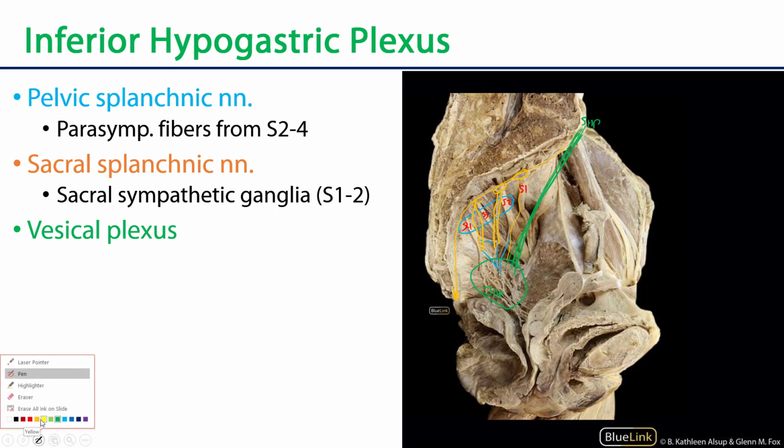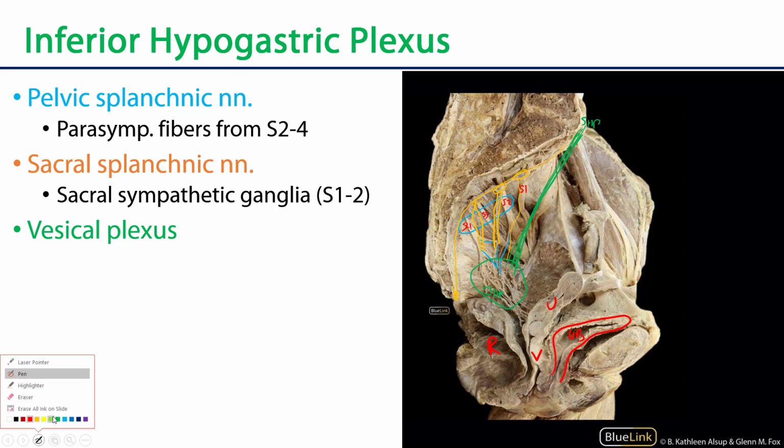And so let me go back to red here and point out some of these to us. So here is the urinary bladder. Here is the uterus and the vagina. And then here is the rectum.